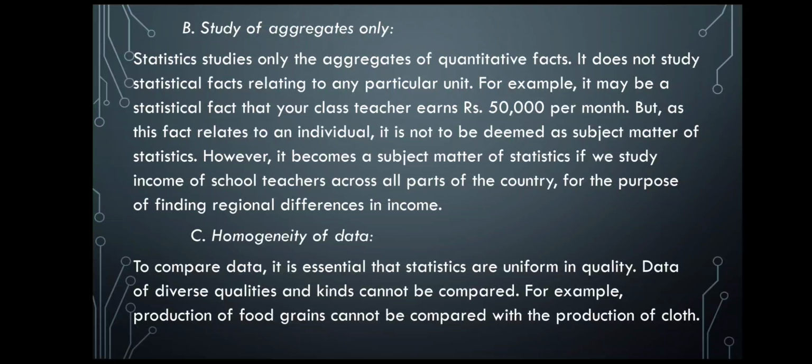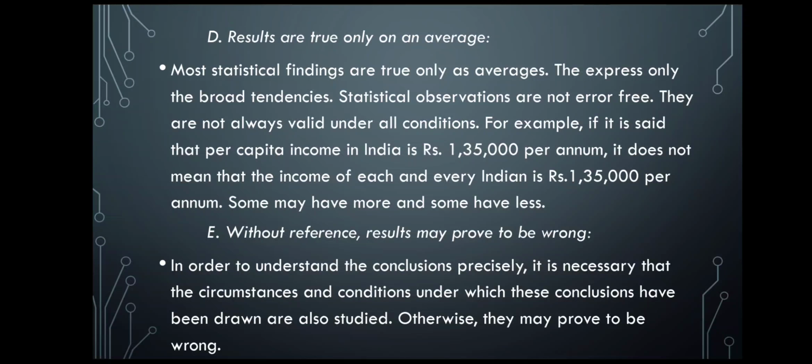You already know that food grain is calculated in kgs or in quintals, and the production of cloth will be calculated in meters. So to use data in statistics, the units have to be uniform. It is very difficult to calculate the data of food grain and compare it with the data of cloth. Uniformity has to be there.